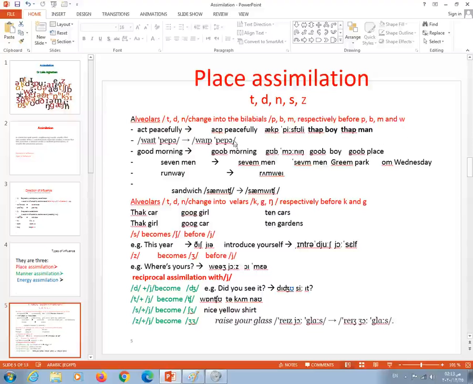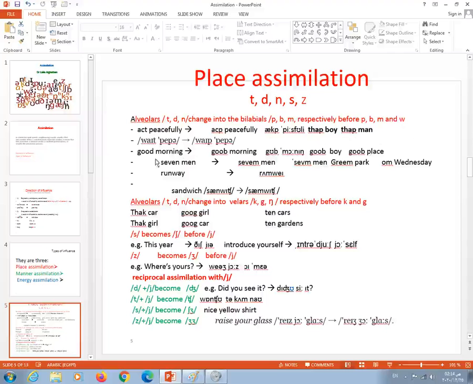Again: act peacefully, the boy, the man, white paper. Look at the transcription here and how T changes into P in all these examples.